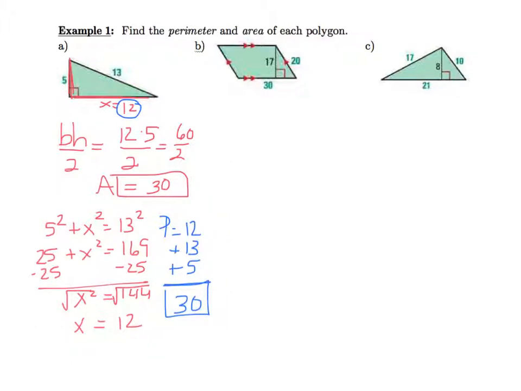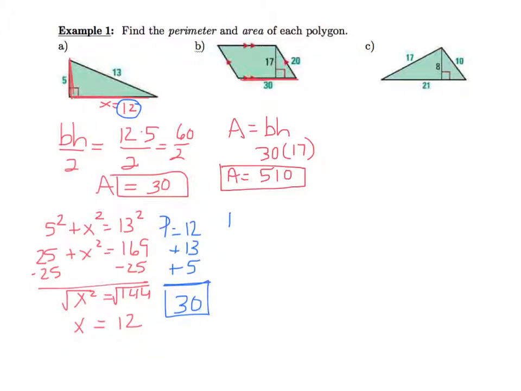Okay, now to find the area of the parallelogram. We'll start with area, and we'll do that in red. So area equals base times height. My base is always next to that right angle, so my base is 30 times my height, which is 17. When you multiply that, you get 510. So my area equals 510.